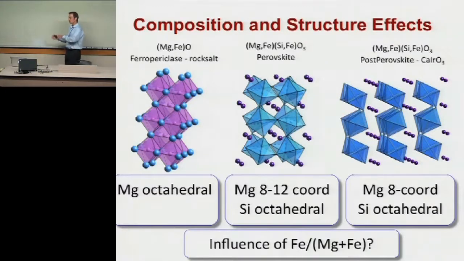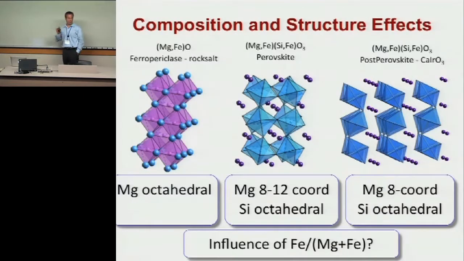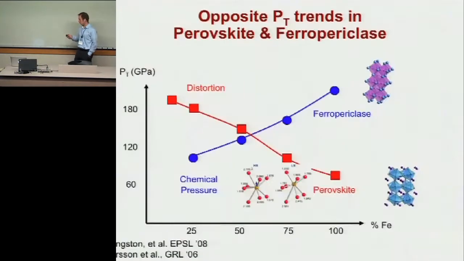And then we were interested in these different types of structures, and as a function of composition, how the spin behavior evolved and changed. Here's a key result of the type of work we've been doing. We looked at, as a function of iron content, the calculated spin transition or crossover pressure in ferropericlase and perovskite. Other people have done some work on this.